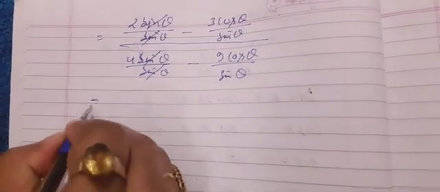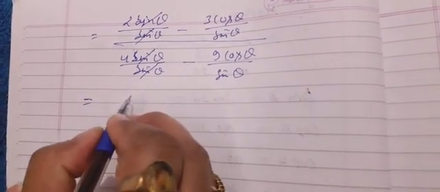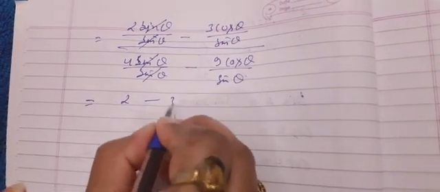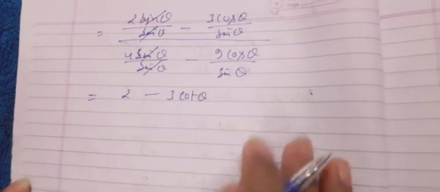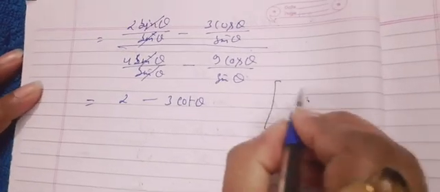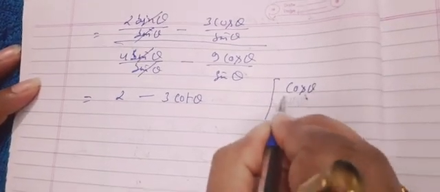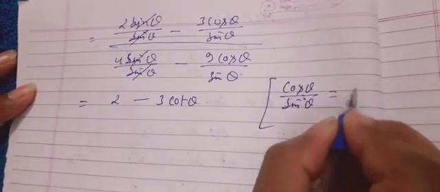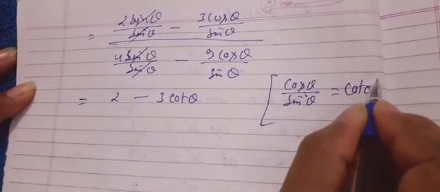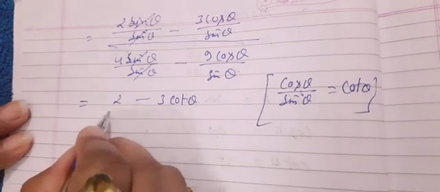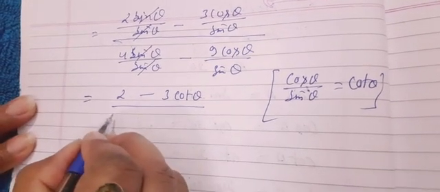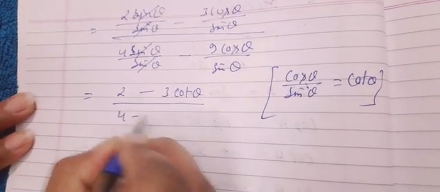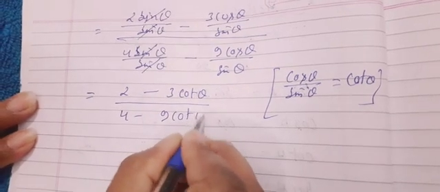So now this is equal to 2 into 1 minus 3 cot theta. You must show these things. Okay children, because cos theta upon sin theta is equal to cot theta, we have written 2 minus 3 cot theta, and here it is 4 minus 9 cot theta.